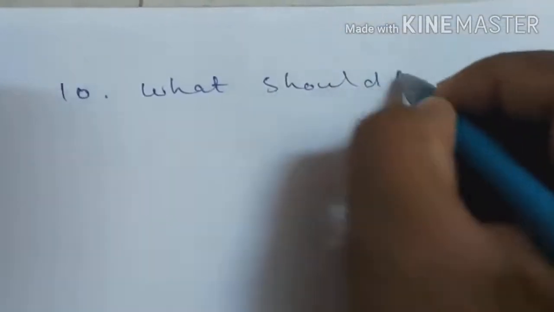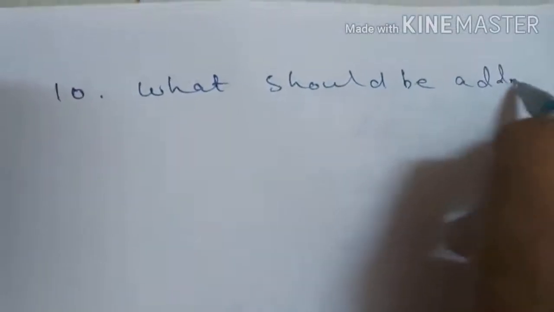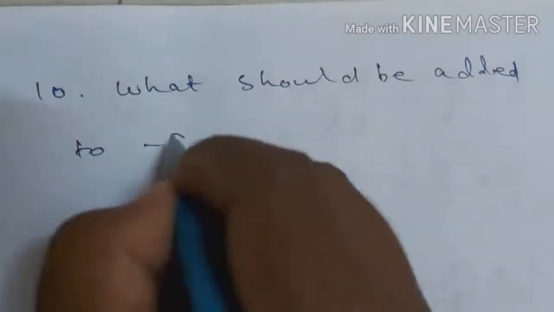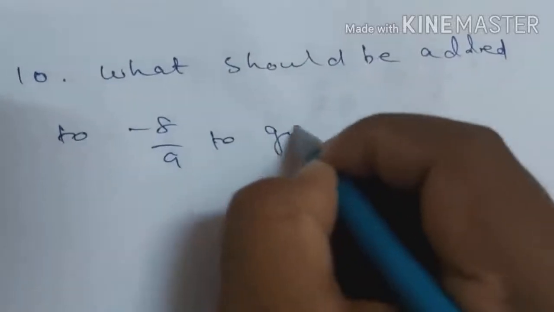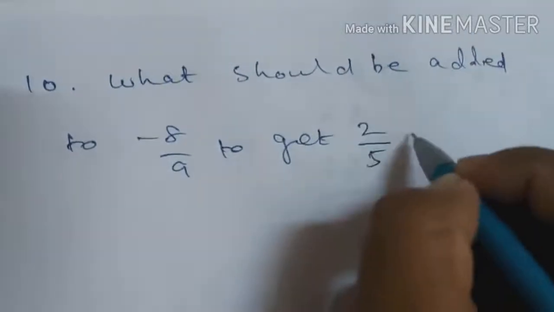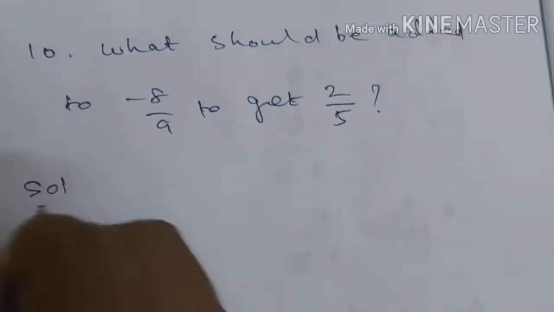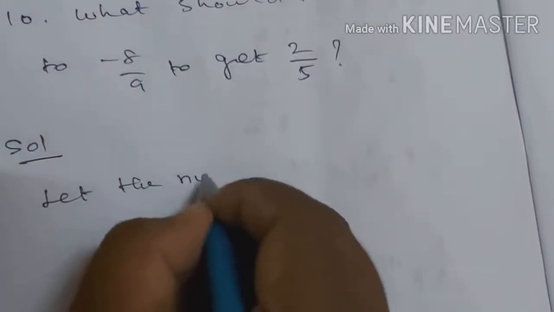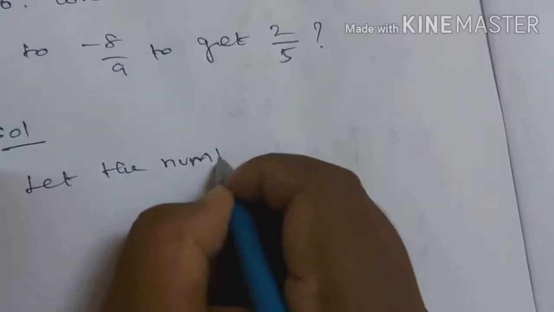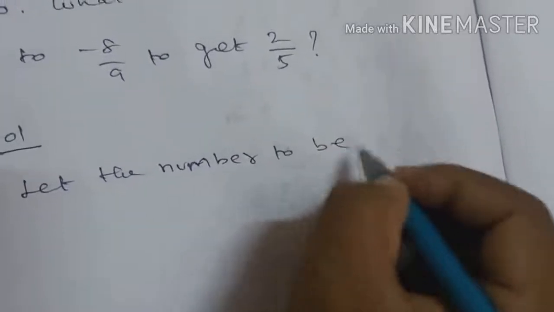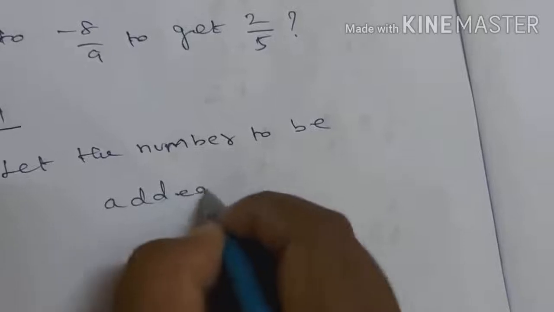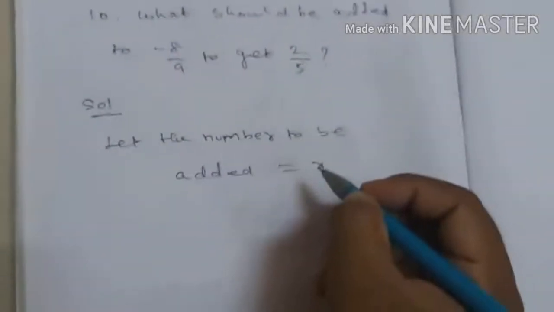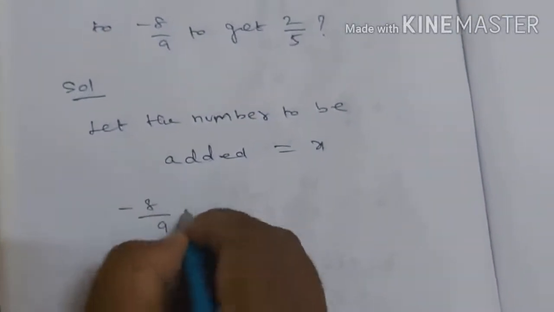Now finally, 10th sum. What should be added to minus 8 by 9 to get 2 by 5? Solution. Let the number to be added equal x, because we don't know what number, for that purpose only write the value x.